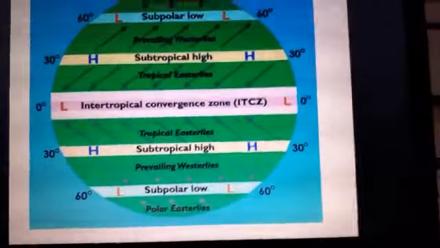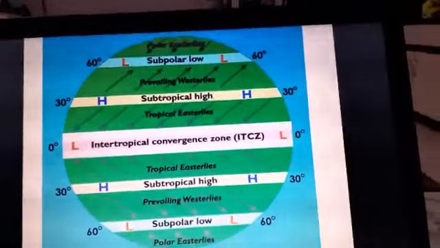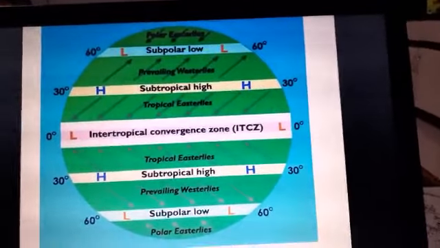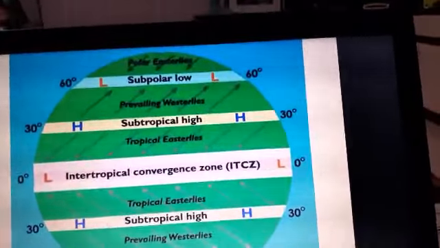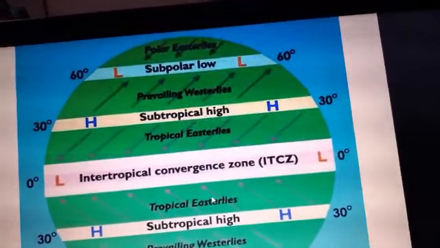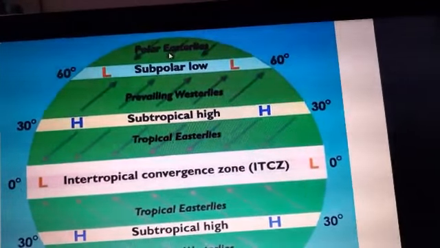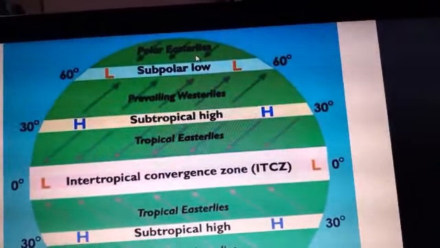See here we have one more diagram which is showing the different places with the parallels of latitude. We have the different zones, that is the polar, we have north pole, then we have the south pole, we have here the polar easterlies, that is the winds blowing from the polar regions.